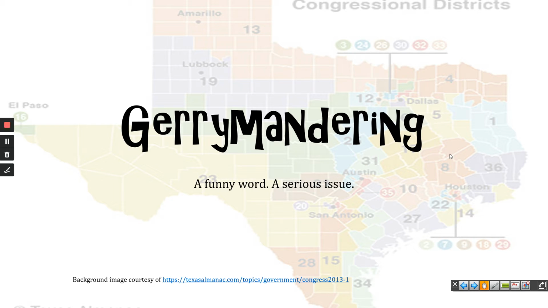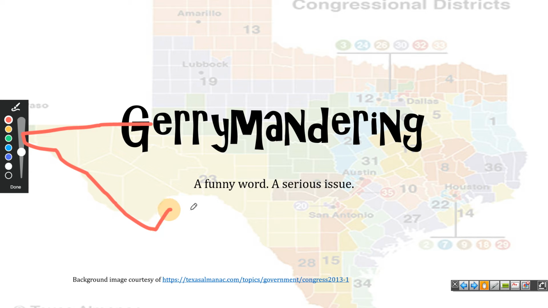Texas sends 36 representatives to the House of Representatives in D.C. We elect them every 2 years, and they represent Texas. And each of these numbered and different colored areas makes up a district. So in other words, look at District 23. Right here, I will draw a little line sort of around it.